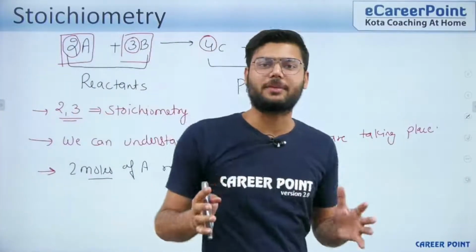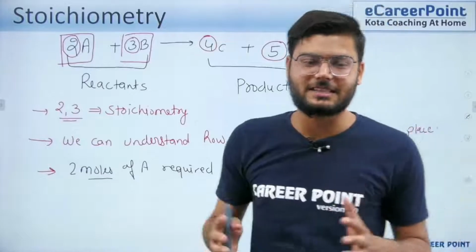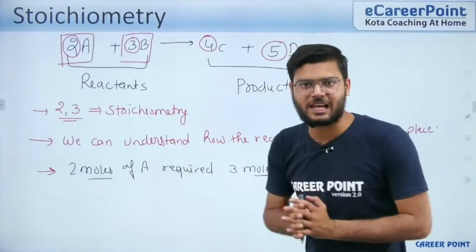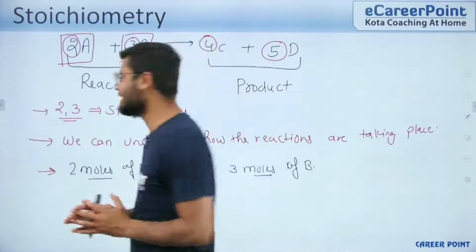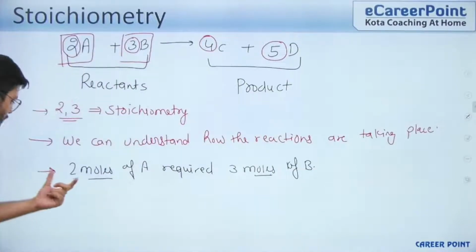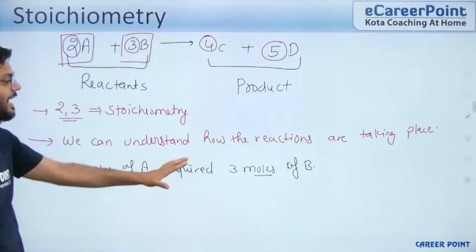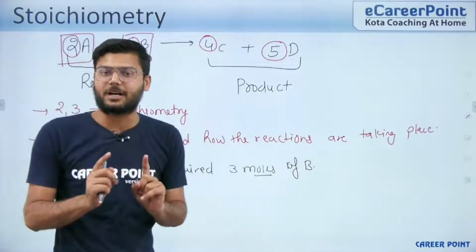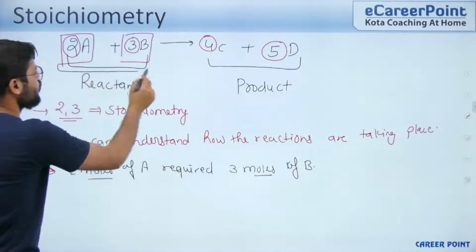Moles is the way to measure chemical substances. So now what information do I have in my hand? I have the information that 2 moles of A require 3 moles of B for this reaction to be completed.